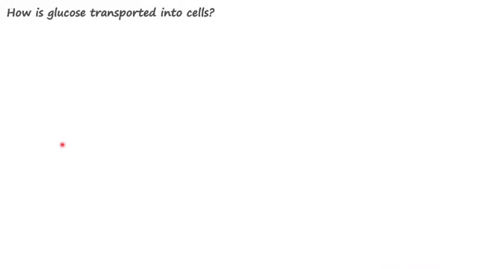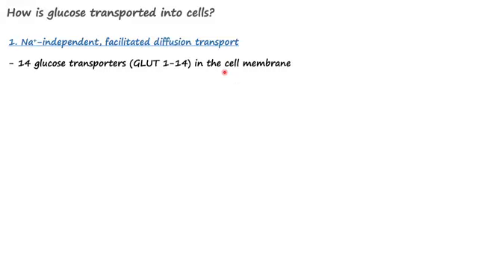So now let's talk about how glucose is transported into the cells. The thing is, glucose cannot directly diffuse into the cell, but it can enter by one of two transport mechanisms. First is sodium-independent facilitated diffusion transport. This transport involves transporters, which are called glucose transporters.